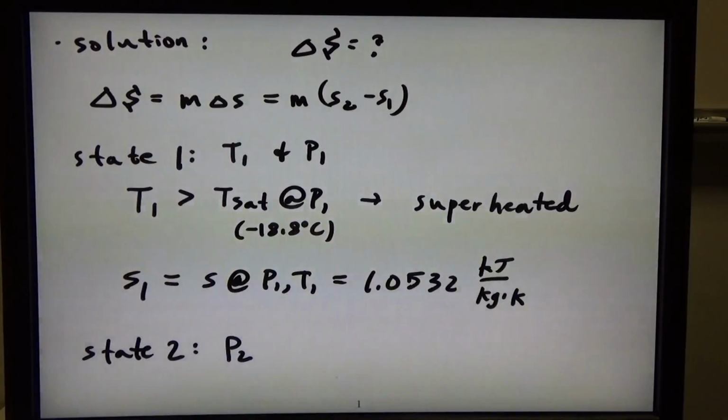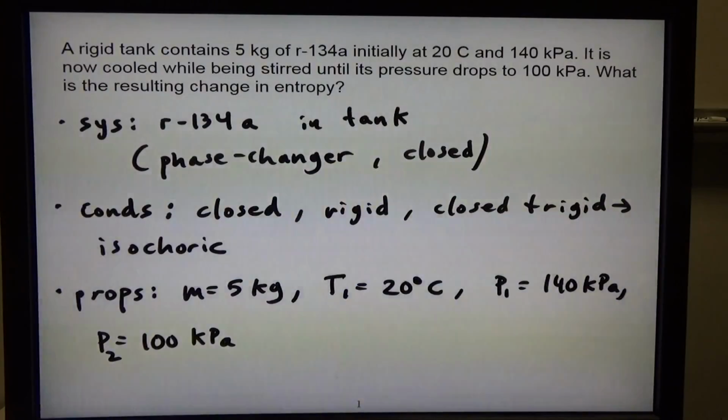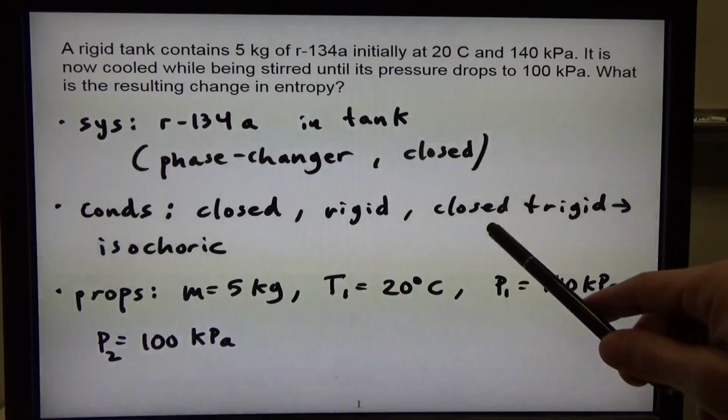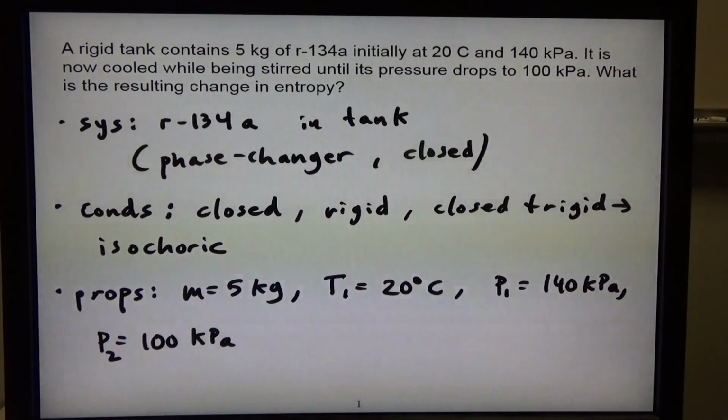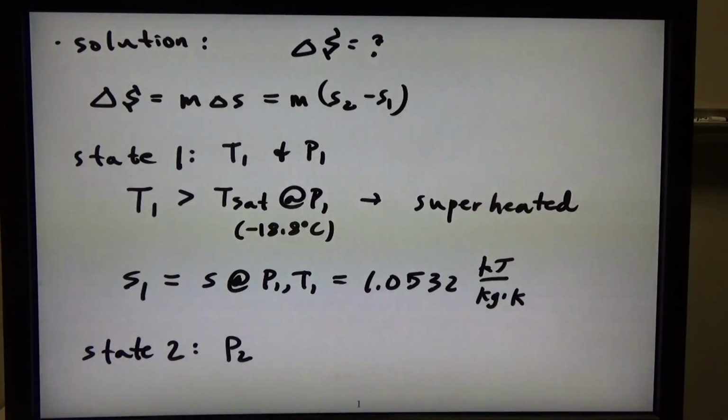If we don't know a property value, then we typically would go to the conditions. And we would look at the conditions and see if there's anything in the conditions that could help us. So in this case we have a closed and rigid process, or in other words an isochoric constant specific volume process. So that's what we're going to need to use also at state 2, is that the specific volume at the final state is equal to the specific volume at the initial state.